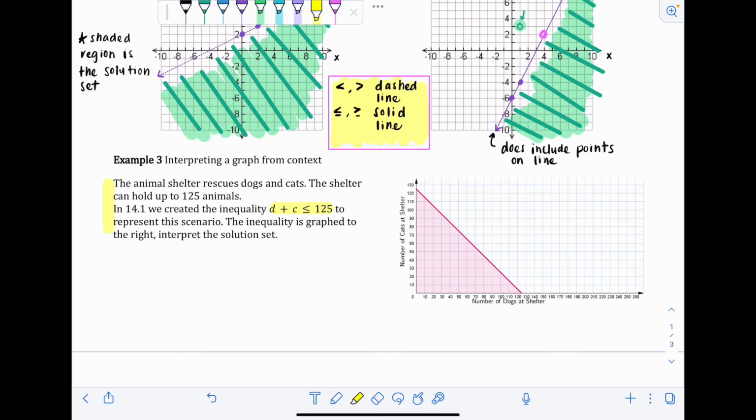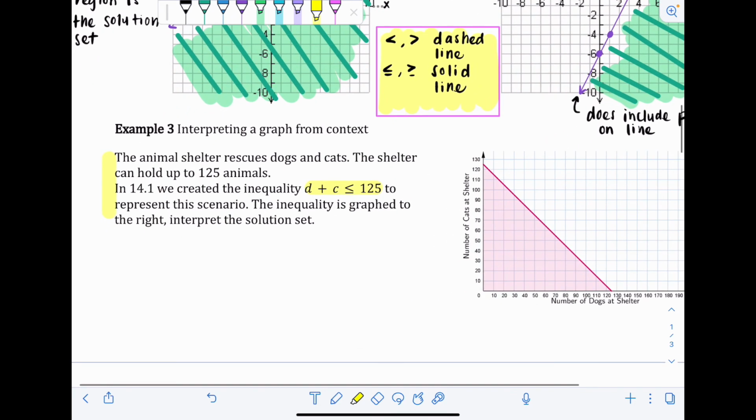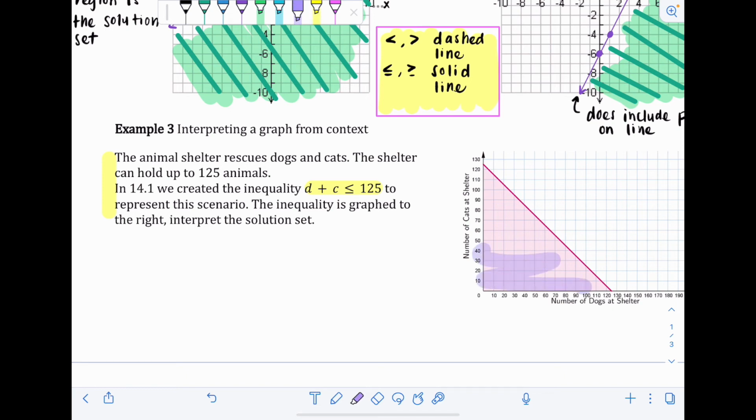So I might write something down, but we'll just talk about it for a second. The solution set is the shaded region, just like it was up above. So ours is this whole section right here. That means that any point on or within that shaded region satisfies the inequality. But what that means for this problem is, let's just pick a random solution from that set.